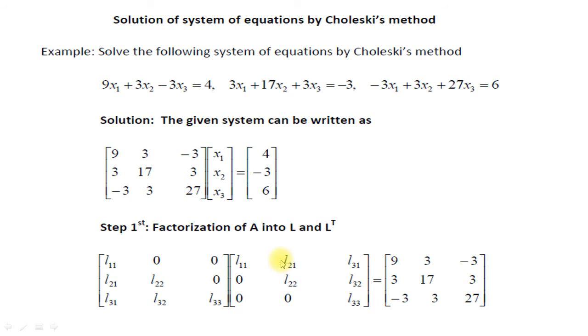So in simple words, this is the lower triangular matrix, and taking the transpose of the lower triangular matrix, you will obtain the upper triangular matrix. Now multiplying these two matrices, you will obtain a single matrix, and then comparing this single matrix to the given matrix, you can easily find the unknowns L11, L22, L33, L21, L31 and L32.